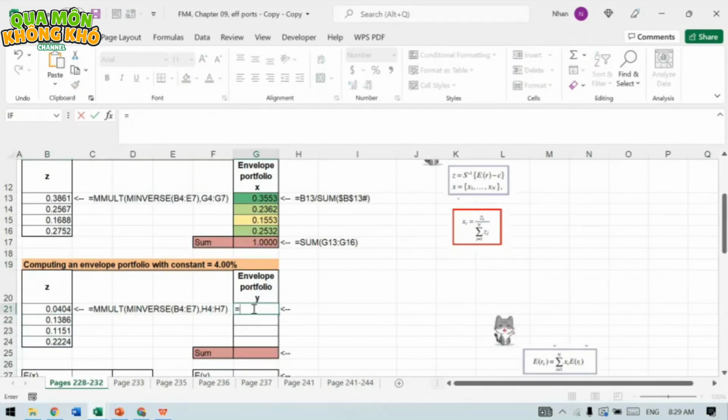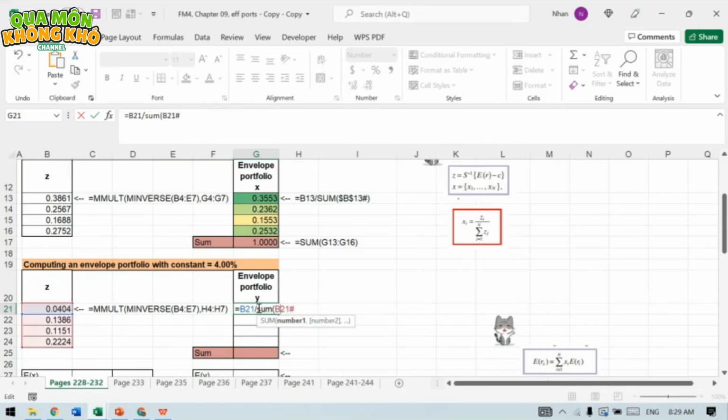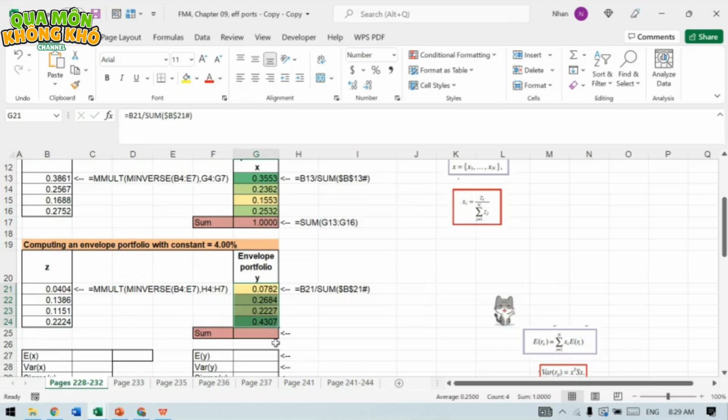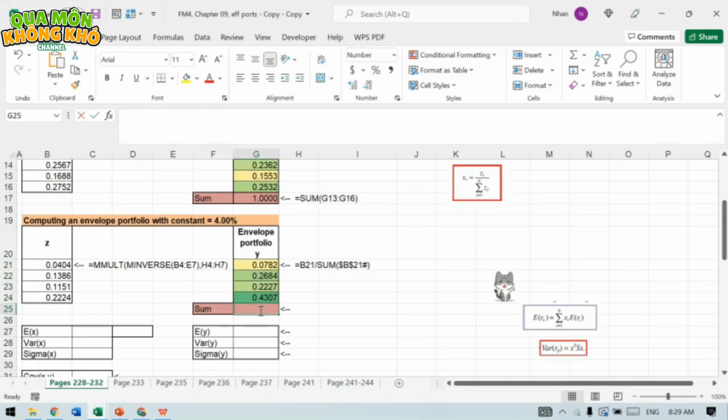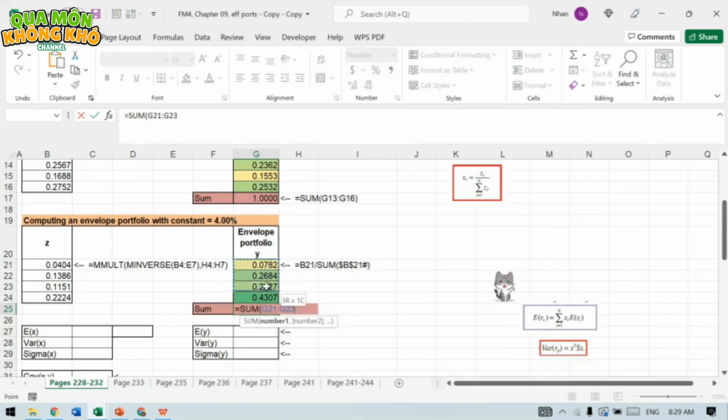It is equal to Y divided by the sum of Y, and then I will fix it to calculate the rest. And the sum here also needs to be 1 because it's also an envelope portfolio.